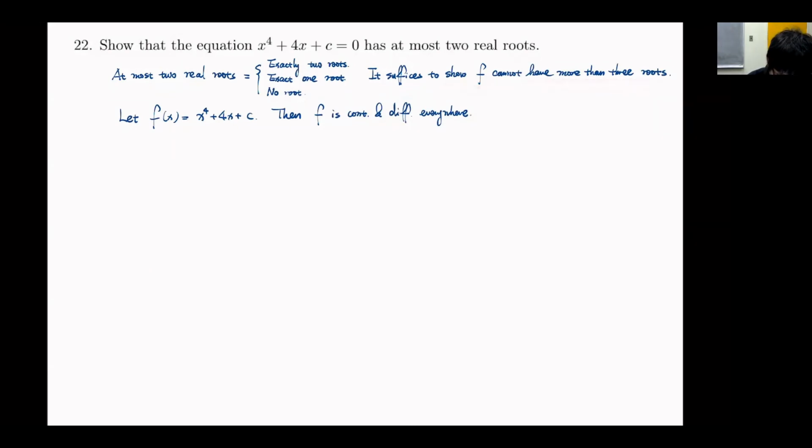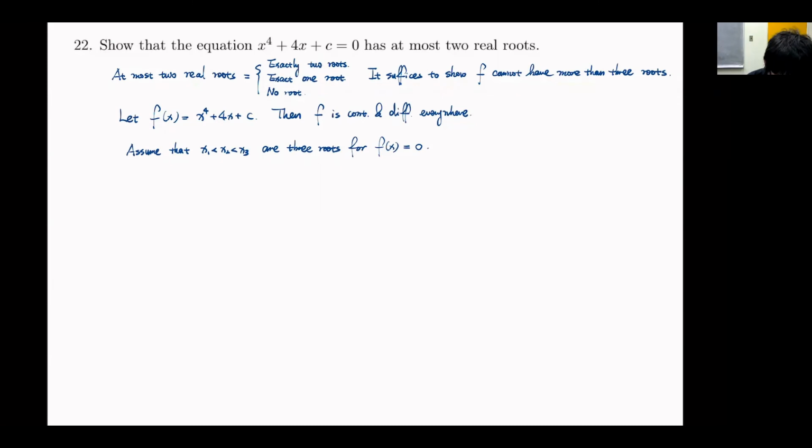So let's assume that x1 less than x2 less than x3. This will be a very convenient choice. Then we'll just assume that these 3 numbers are 3 roots for f of x equals 0. Okay, so what happens over here?